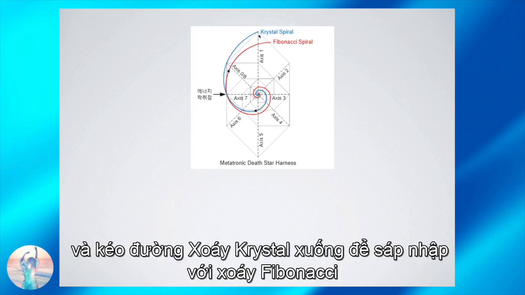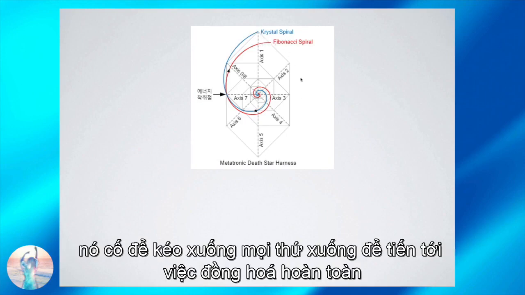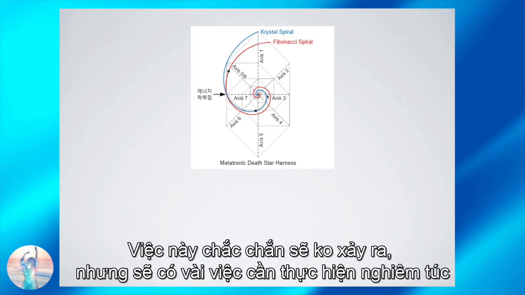It tries to pull the crystal spiral down and make it adopt the Fibonacci spiral, which basically pulls it away from the 12 point, which is actually the center point of the next level up. Basically it tries to pull it down into fall alignment, right? Which is not going to happen, but that's what it intends to do.